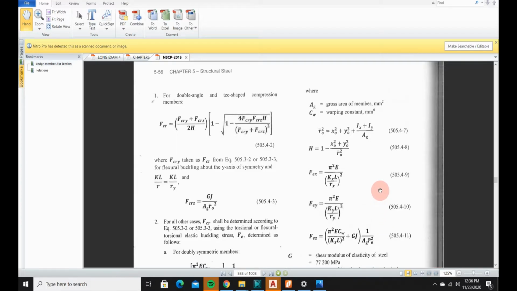So yan, opening your NSCP 5-56, these are the formulas for the elastic buckling stress for flexural, for torsional.